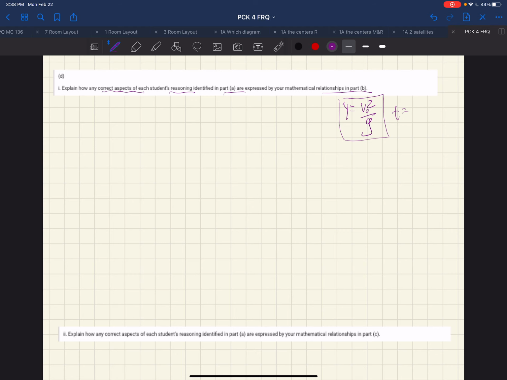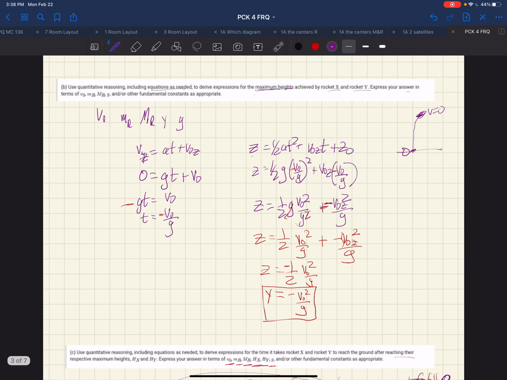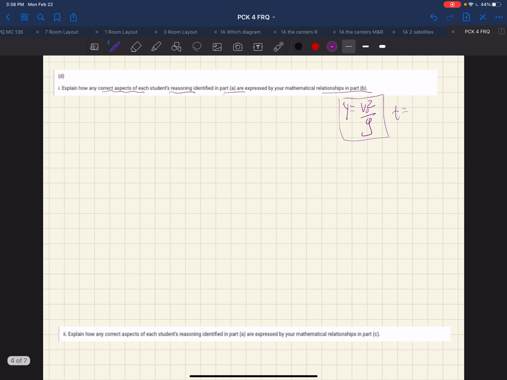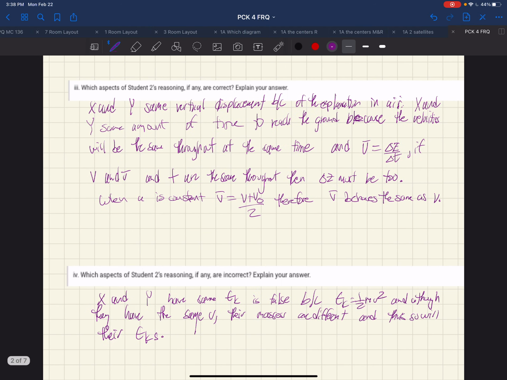And we had t is v0 over g. So the correct reasoning, how do they come to bear on those two things?